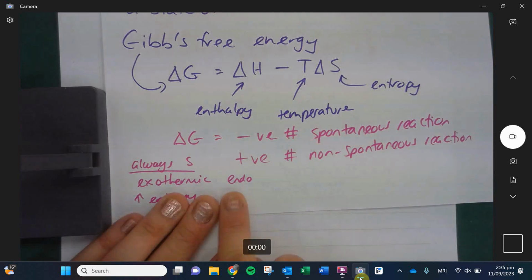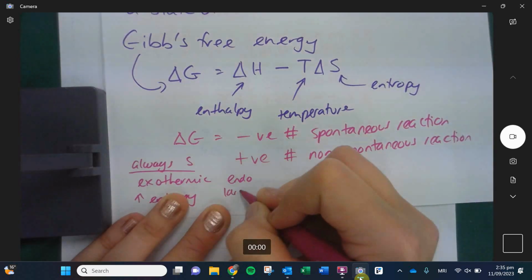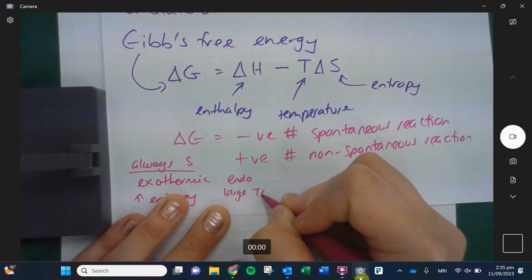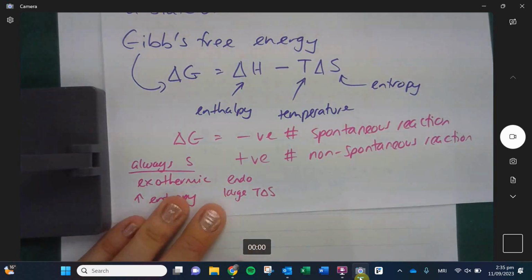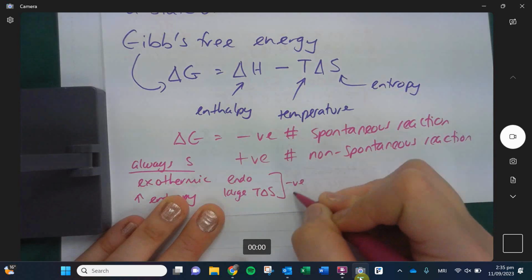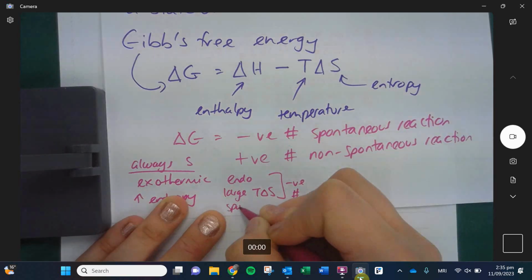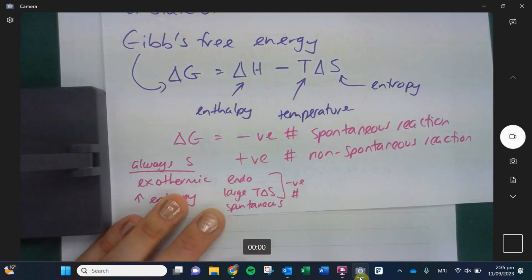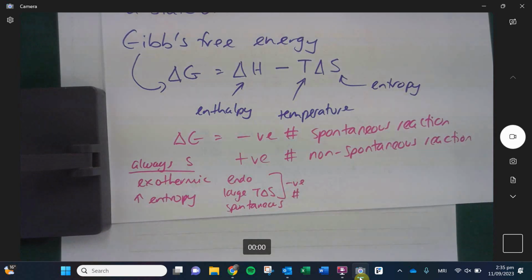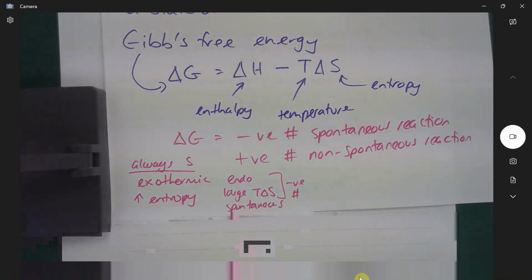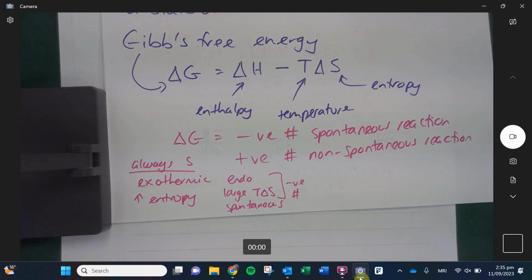So if I have an endothermic reaction, but a large T delta S, this will result in a negative number. So that will be spontaneous. So that's how you can have an endothermic reaction that is spontaneous. So even though it's cold and it's absorbing heat energy, it can still happen spontaneously and automatically because of the amount of disorder that is being caused and the temperature that it's occurring at.